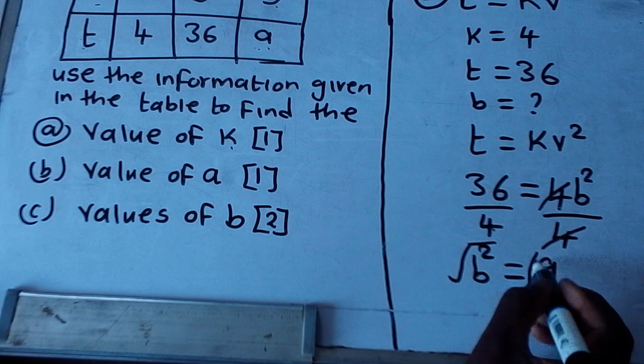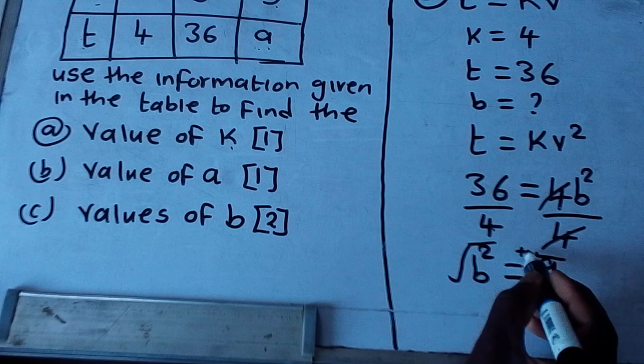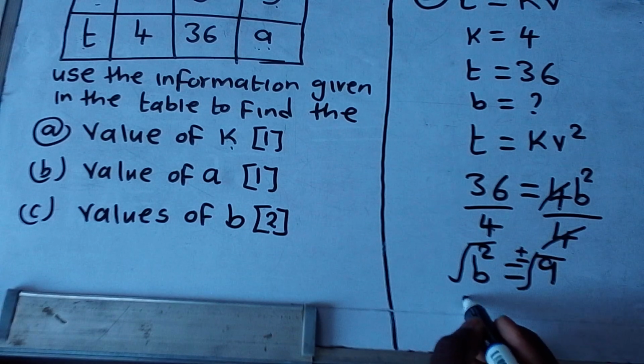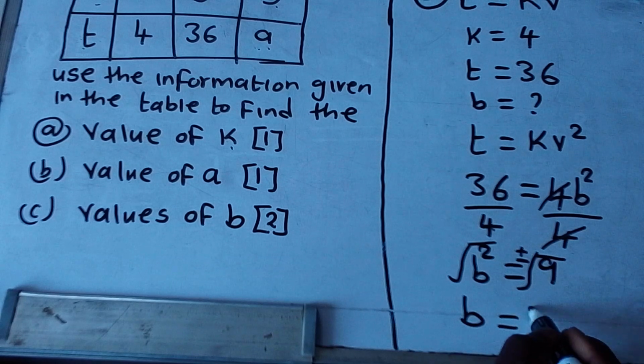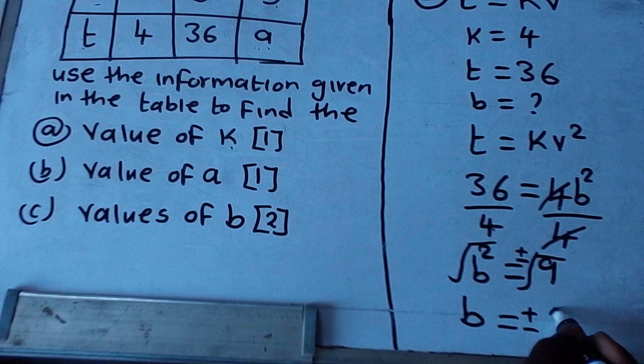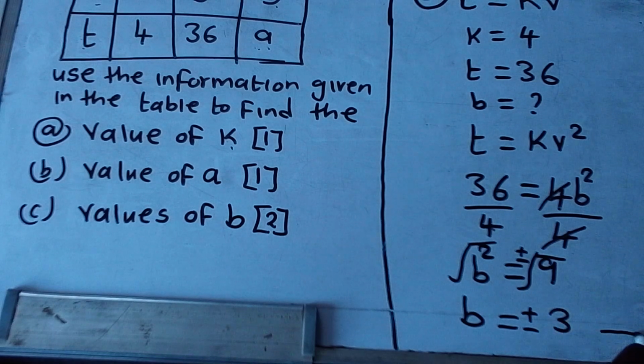You even put a positive and a negative. So B equals positive or negative square root of 9, which is 3. So on your answer sheet, if it's the final paper, they would expect you to write it like this, the other one with a negative.